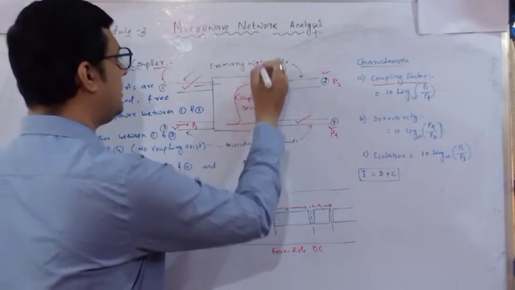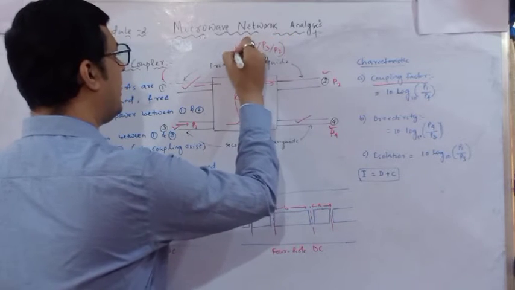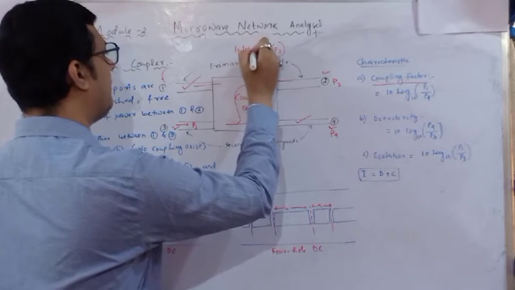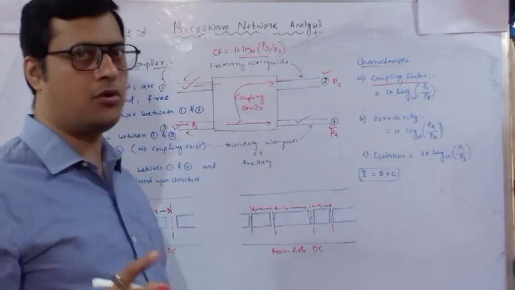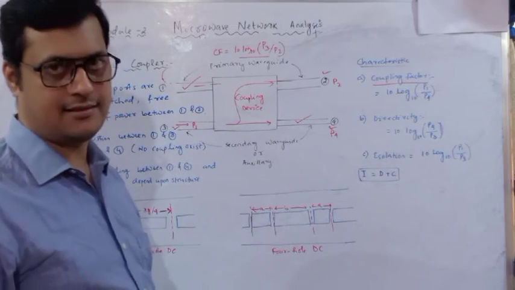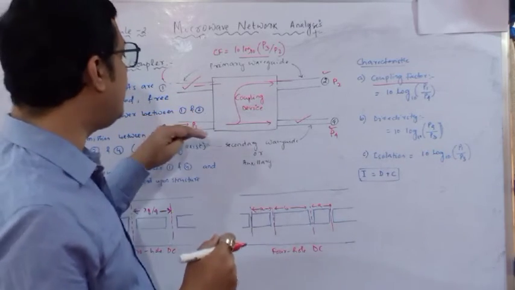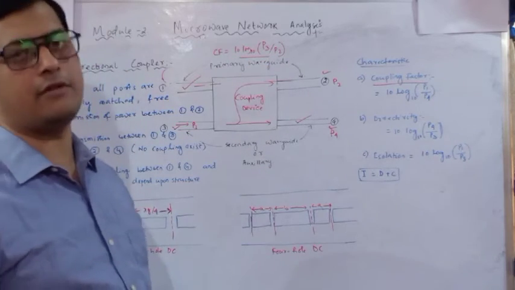For this sort of situation, we can write P3 by P2 and 10 log base 10. So this is called your coupling factor if port 3 is energized. It is a link between either secondary to primary or primary to secondary. From any port you can justify.